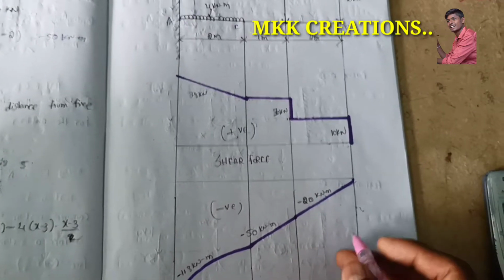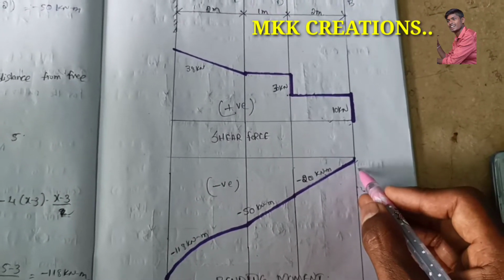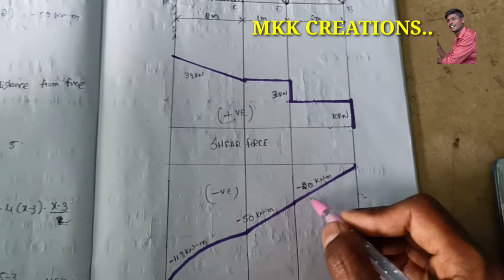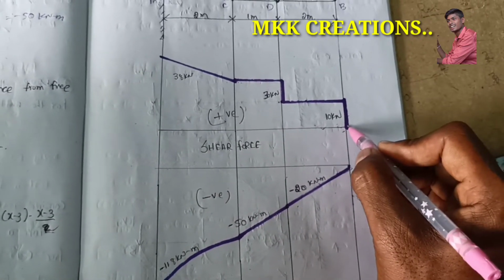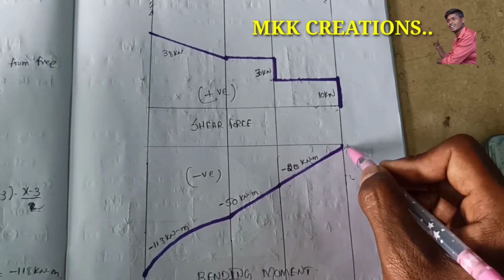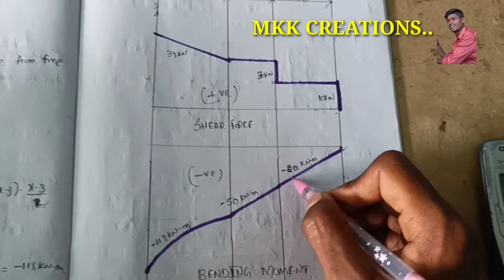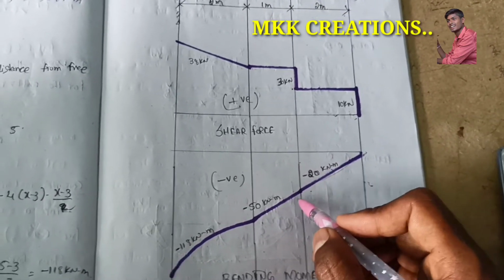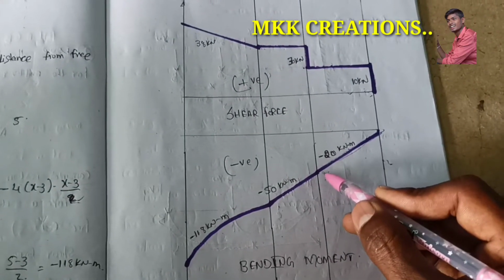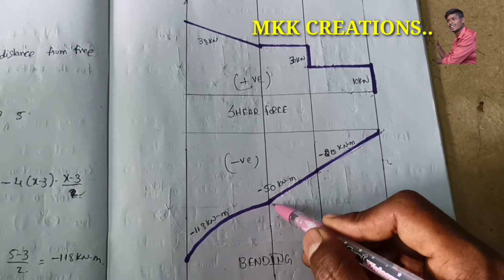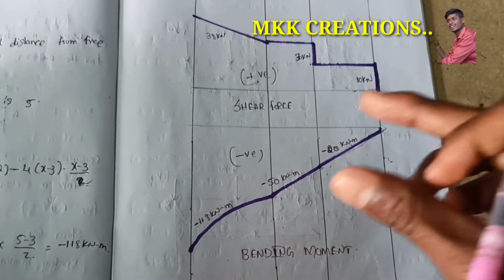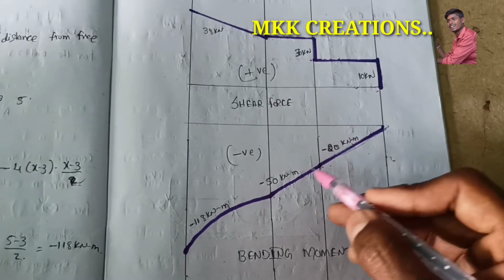Likewise for bending moment diagrams, we get for portion BD minus 20. So it is inclined for bending moment, while in shear force it is vertically upwards. Here we are drawing it slanted, and for portion CD we get minus 50 kilonewton meters. That value is approximate; we cannot draw the diagram accurately, so approximately we want to show some variation from minus 20 to minus 50.